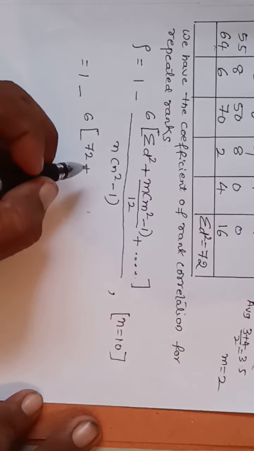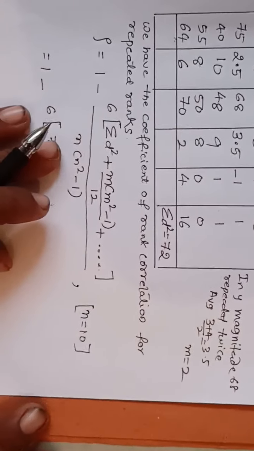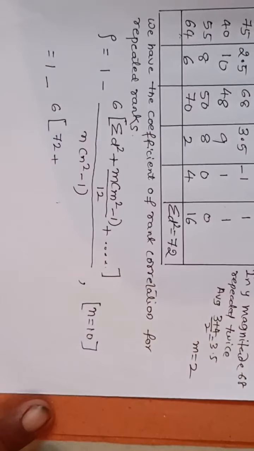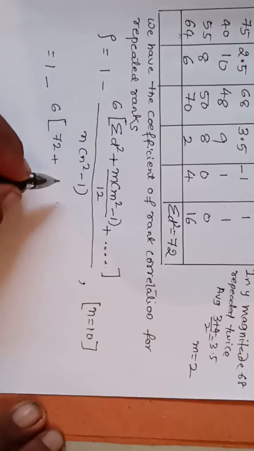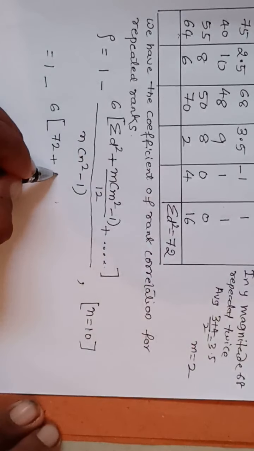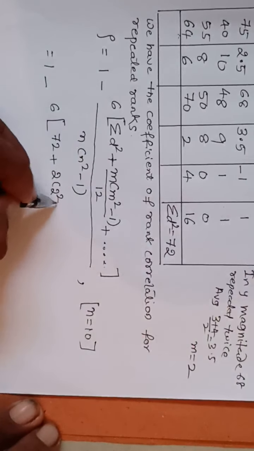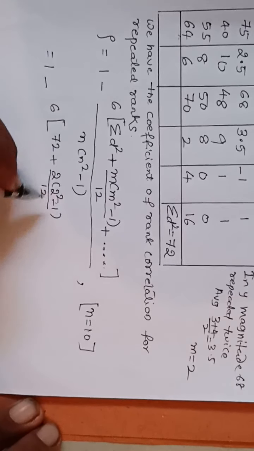The first value is m equal to 2: 2 into 2 square minus 1 divided by 12.